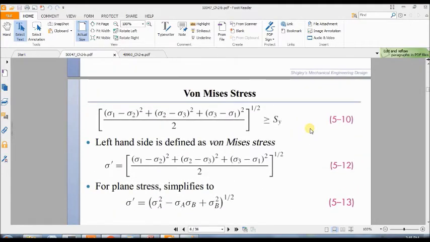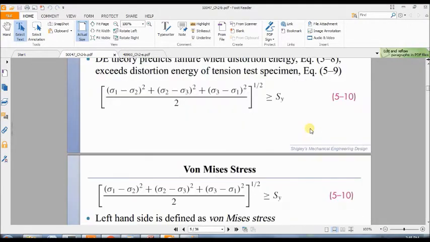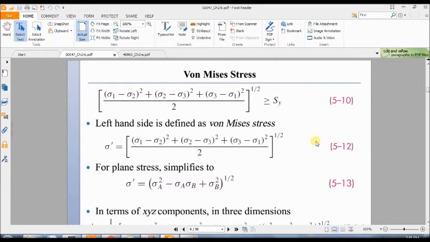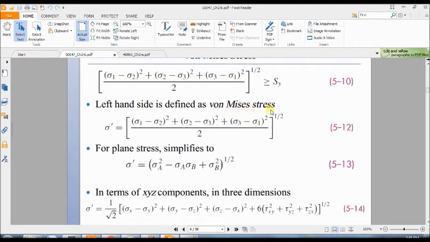In the general state of stress, when we have three principal stresses, because we are talking about 3D elements, we show them by sigma 1, 2, and 3. You can find the effective stress, or von Mises stress, by using equation 5-12.